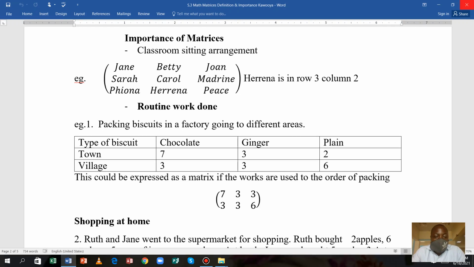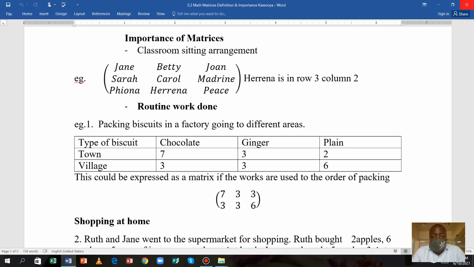So if we are packing packets going to town, you may find that we pack 7 chocolate biscuits, 3 Jinga and 2 plain. Then the one going to village, we pack 3 chocolate biscuits, 3 Jinga and 6 plain biscuits.